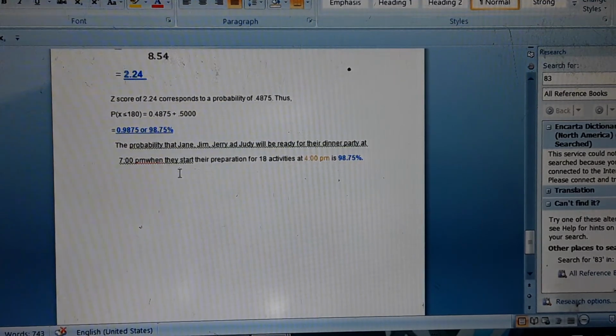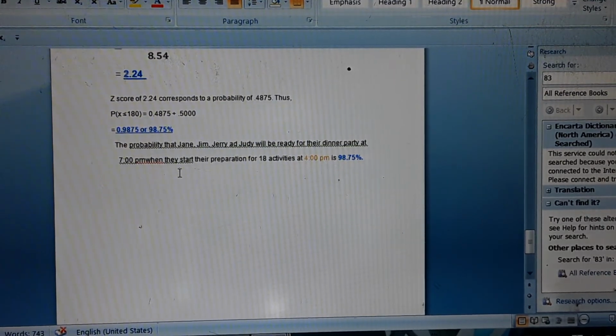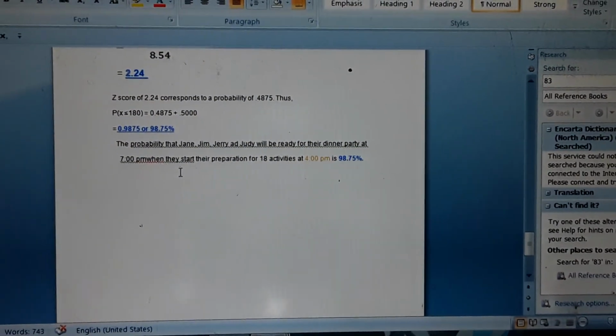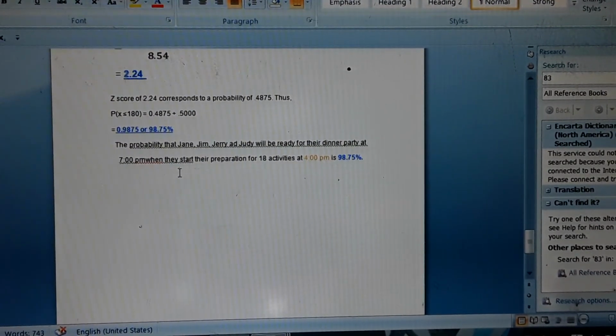And then, the probability that Jane and Jim, Jerry, and Judy will be ready for their dinner party at 7 p.m. when they start the preparation of 18 activities at 4 p.m. is 98.75%. So the z-score of 2.24 corresponds to a probability of 0.4875, which is 98.75%. And that's all. Thank you and God bless.